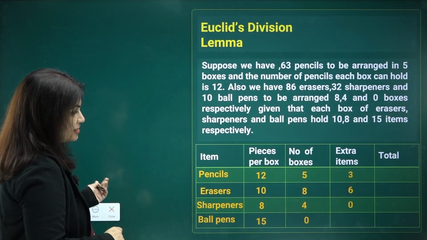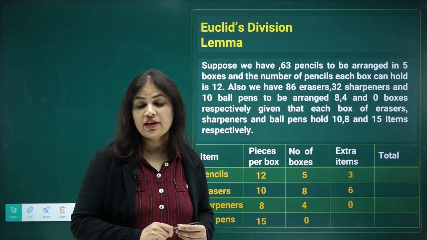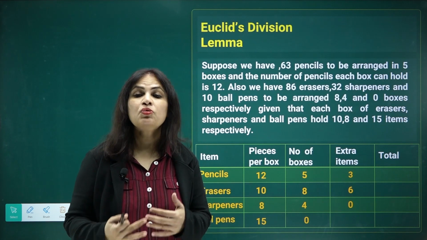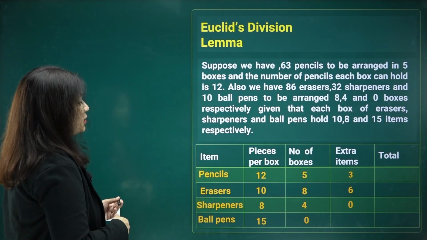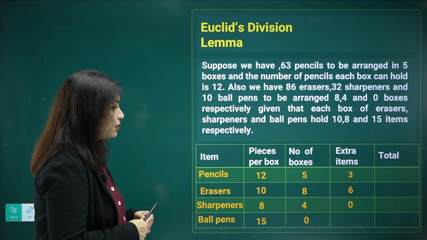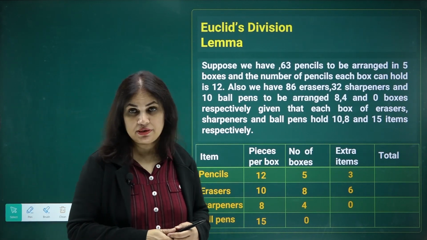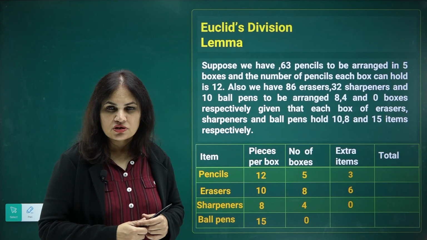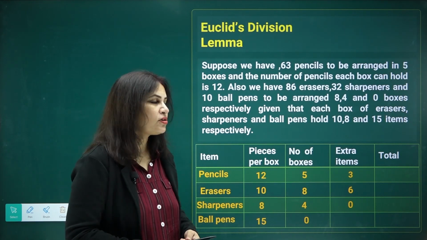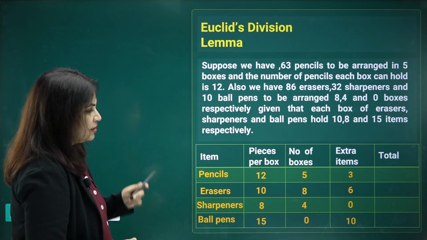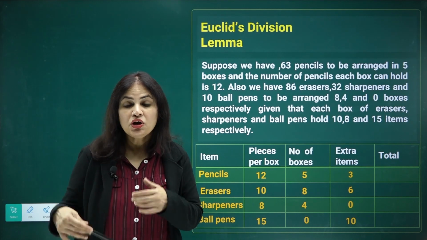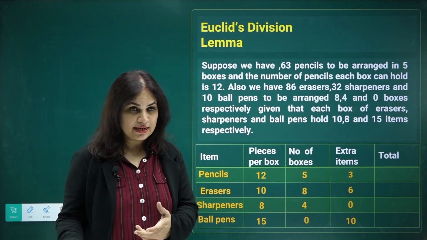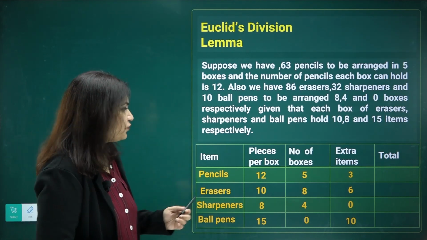So, the leftover, or the extra item which has to be kept loose, is 0. Next, how many ball pens do we have? We have 10 ball pens, and there are no boxes for it. So, since there are no boxes for it, 10 ball pens will have to be left loose as an extra item.